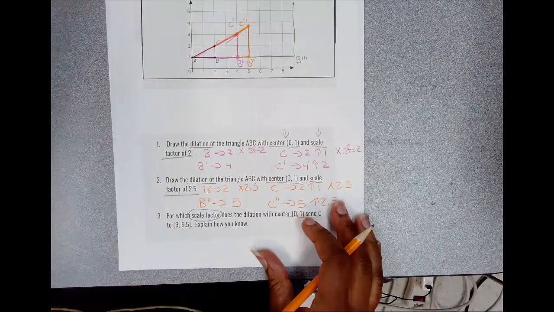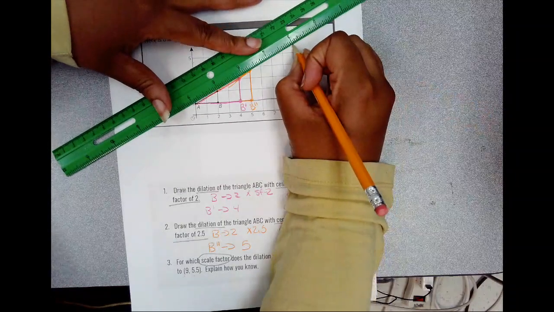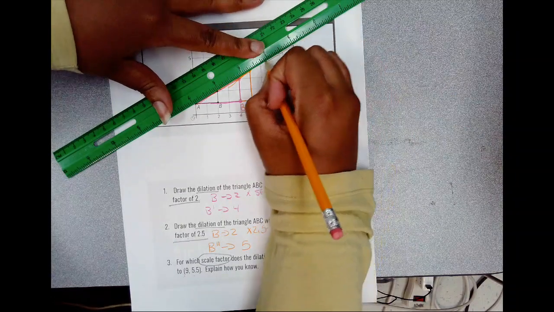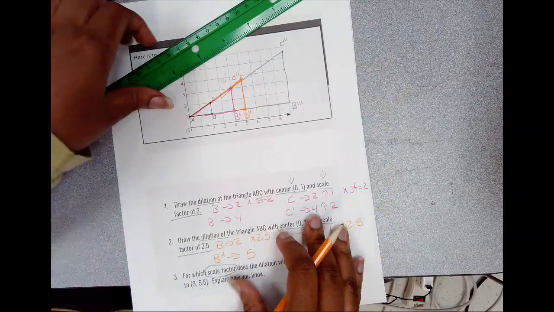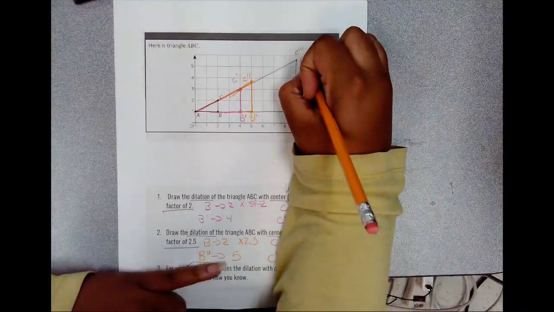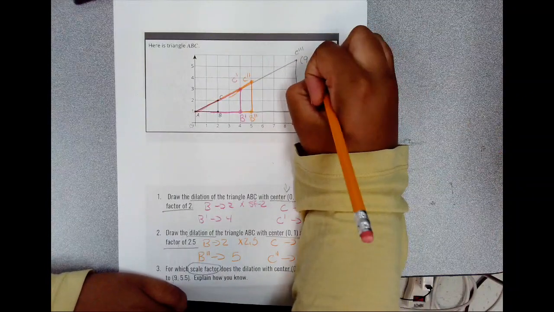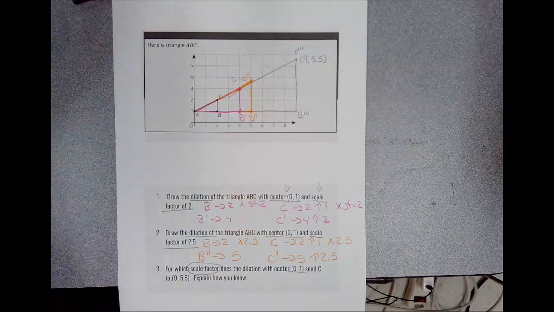I'm going to use a ruler to make this a little bit more straight. Okay. So I have just moved this point C to (9, 5.5), like question 3 asked. It wants to know what that scale factor is.